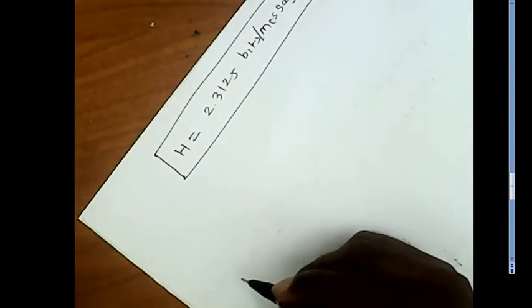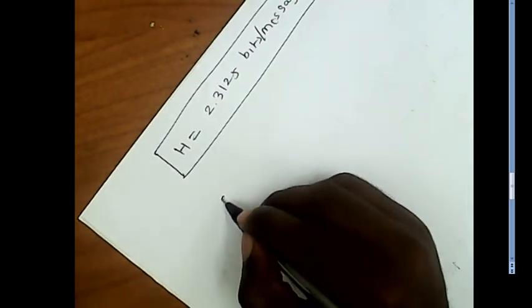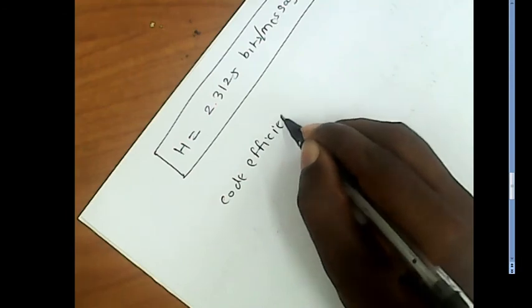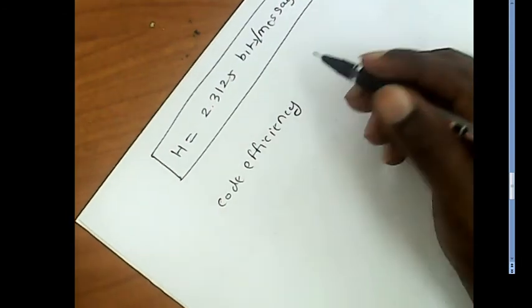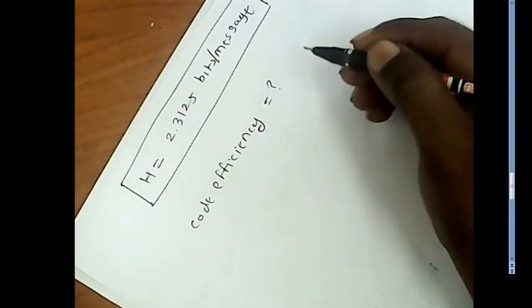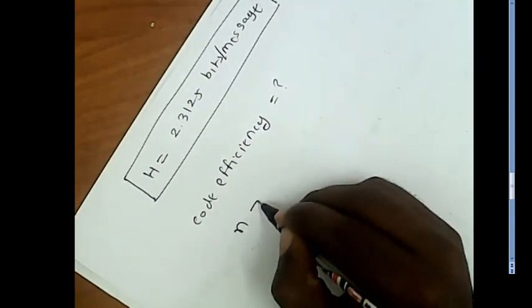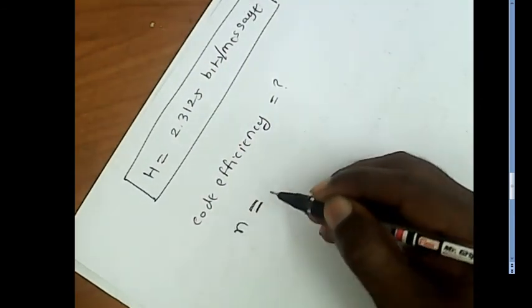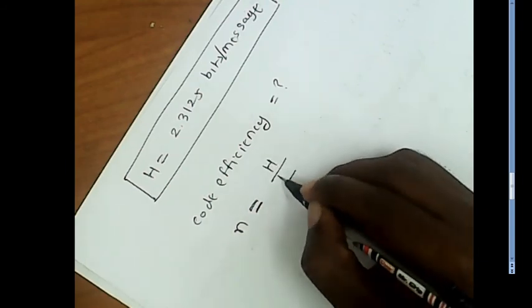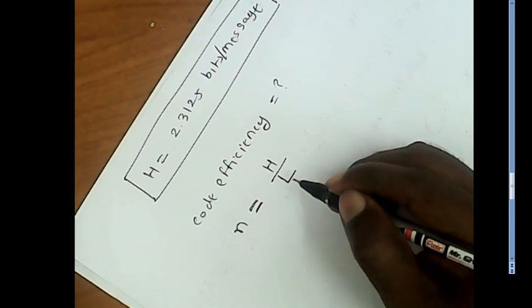Then we calculate the second term, the code efficiency of these 8 symbols. It is defined by eta, equal to entropy, the average information, divided by the average code word length.